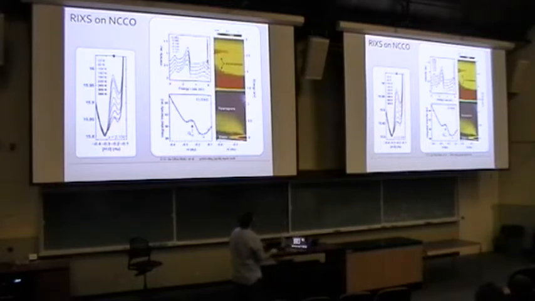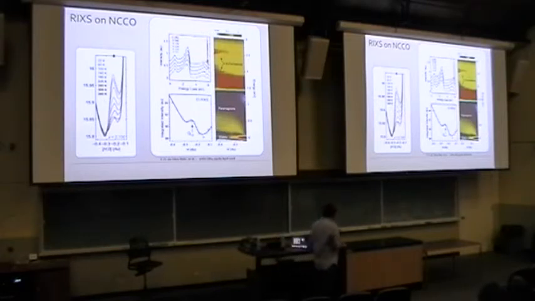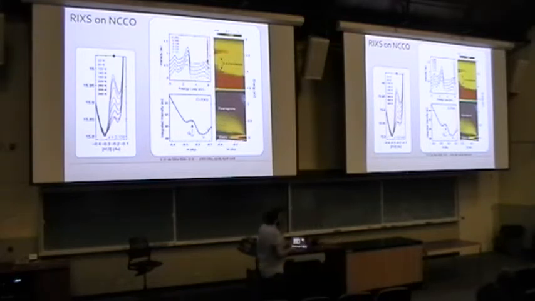You have the elastic line down here. You have the paramagnons, which look broad, but it's not because of the instrument in this scenario, it's because they're intrinsically broad in the doped system, so it's not very ordered. There is even a tiny peak here that you can resolve near the elastic line.